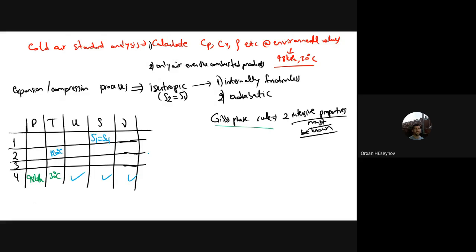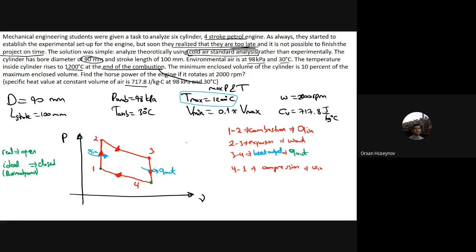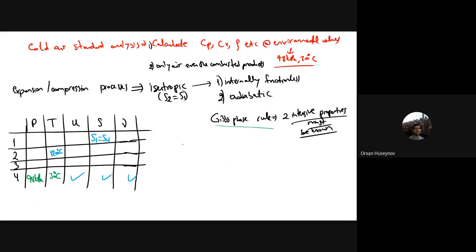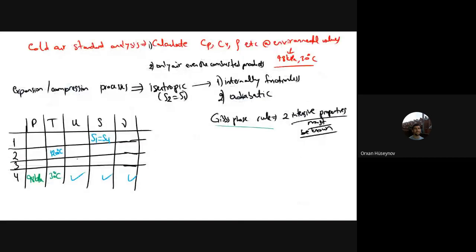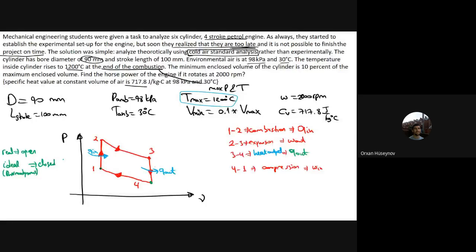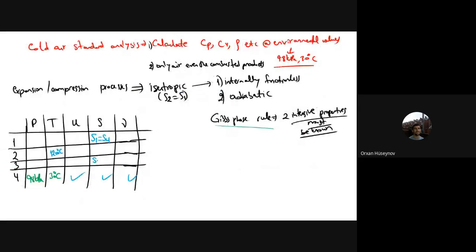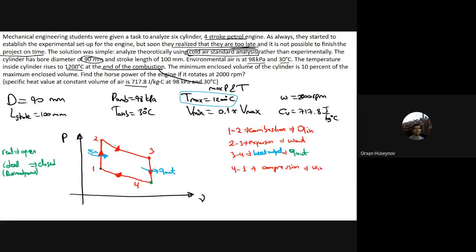And for state 3, I don't know anything, but if I could find one more property for state 2, I could solve state 3 too. But I don't know any property for state 3. But I can just write that S3 is the same as S2, okay? Because 2 to 3 is an expansion process and isentropic, therefore the entropy should be the same.